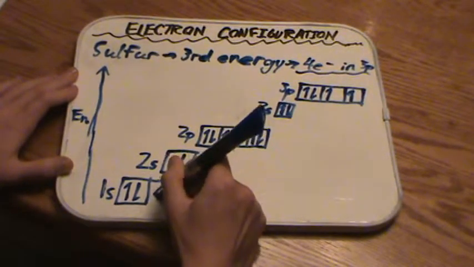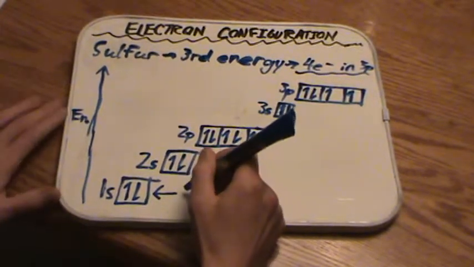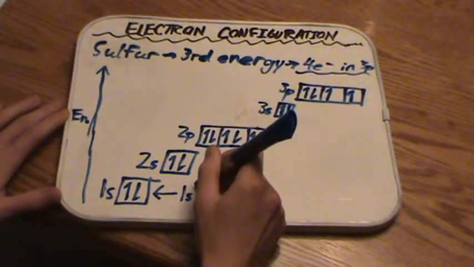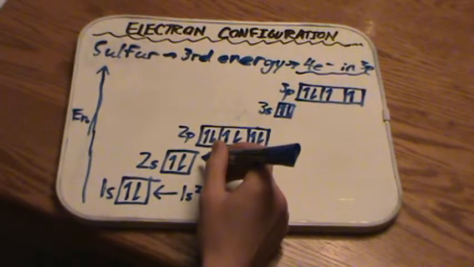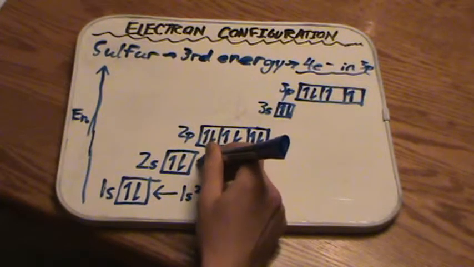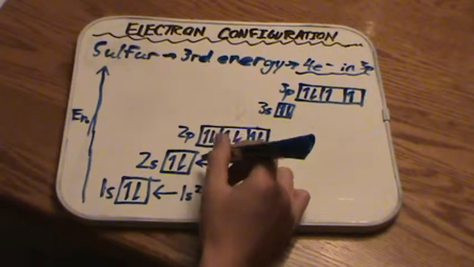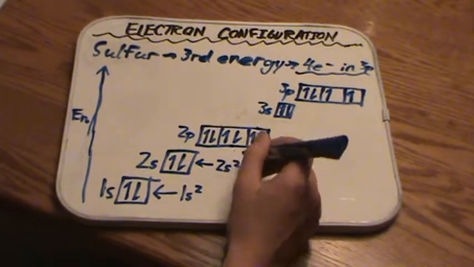If we take our 1s orbital, we know that it's got 2 electrons in it. So we can call it 1s2, or what I would say 1s squared, but it's easier to use 2 in this sense. The next one is also completely filled. There's the 2s orbital, so we are going to call it 2s2.